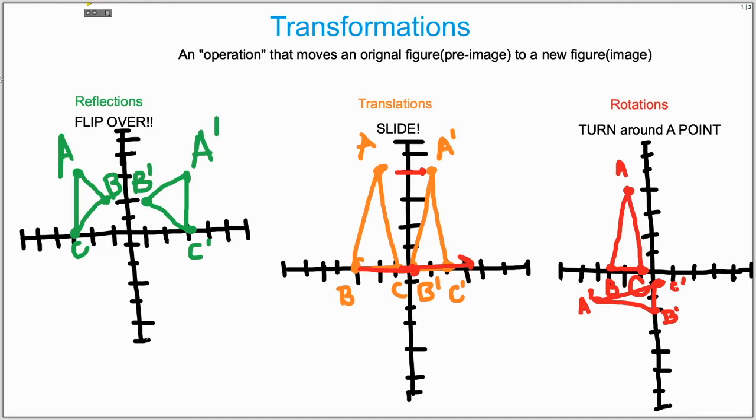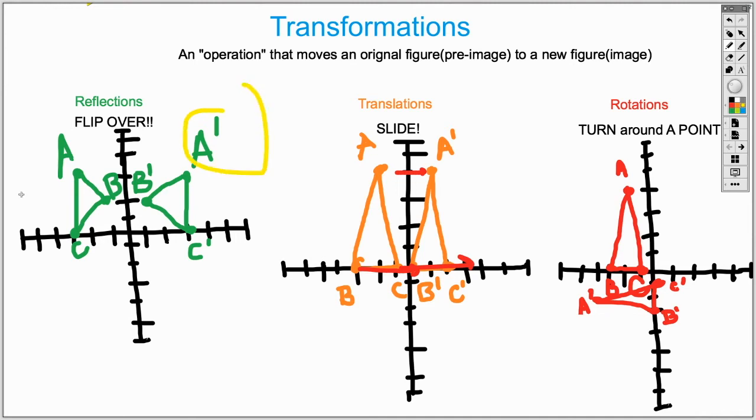But how do we identify which one is a pre-image and which one's an image? That can be seen, especially when we're talking about graphs, with a point with a dash and a point without a dash. A point without a dash is typically the original figure, or the pre-image.